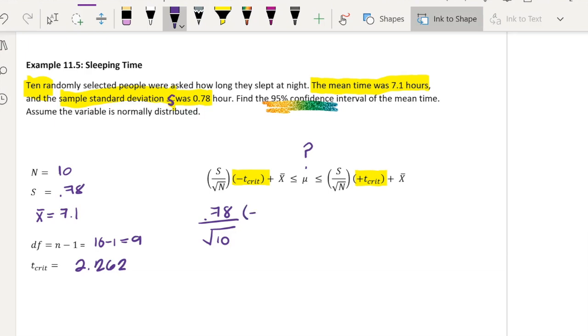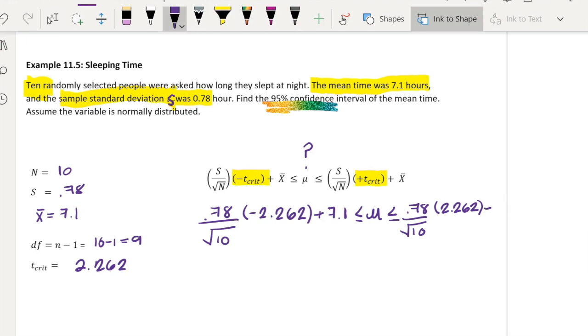So here's going to be negative 2.262 plus the sample mean, which is 7.1, mu. Then 0.78 over the square root of 10, 2.262, plus 7.1.